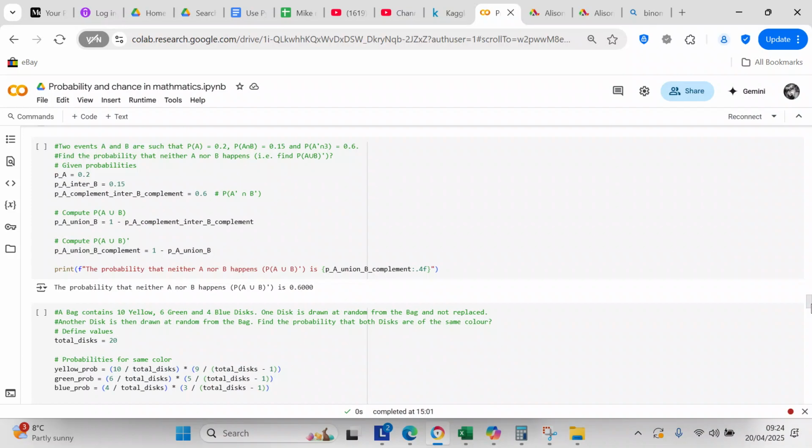Then P(A union B) complement equals 1 minus P(A union B). And then we print that out, and the probability that neither A nor B happens is 0.6.